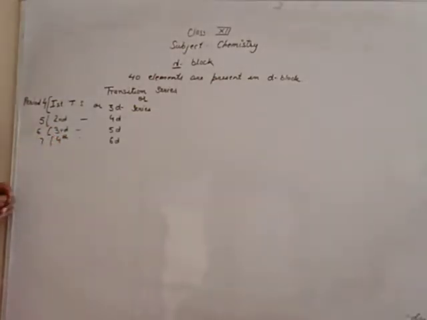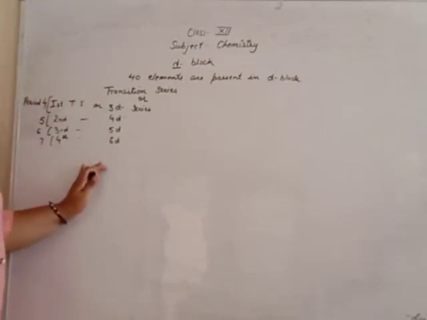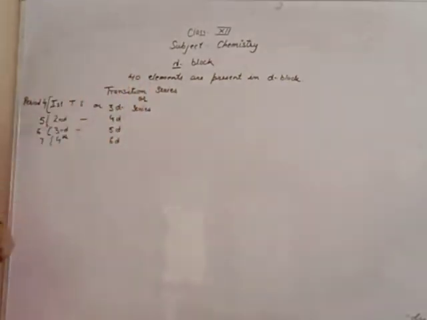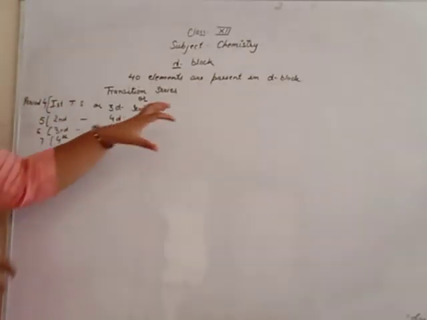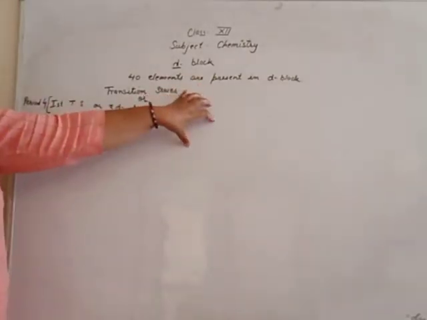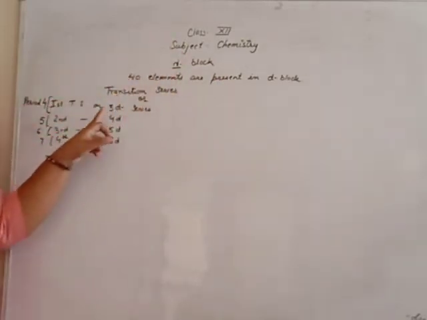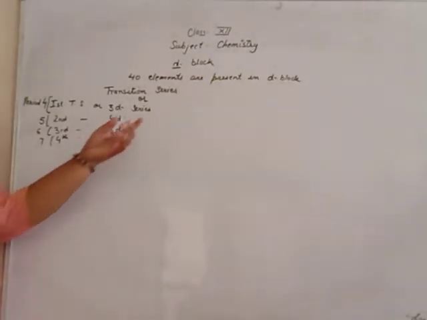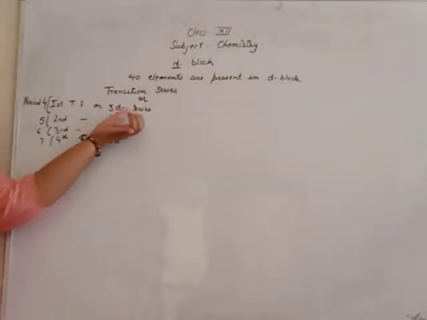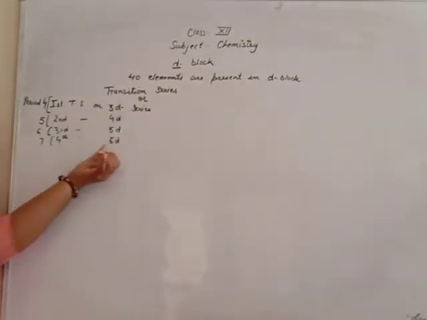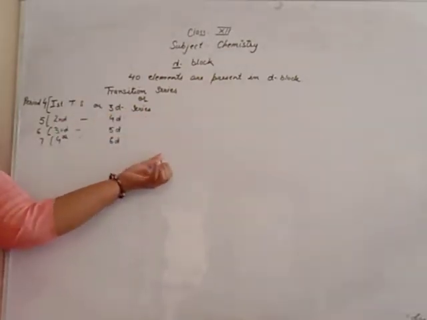Clear? You will remember these 40 elements are classified into 4 series. These series are also known as d block series or transition series. D block series are termed according to which d orbital the electron enters: the 3d orbital gives the 3d series, the 4d orbital the 4d series, the 5d orbital the 5d series, and the 6d orbital the 6d series.